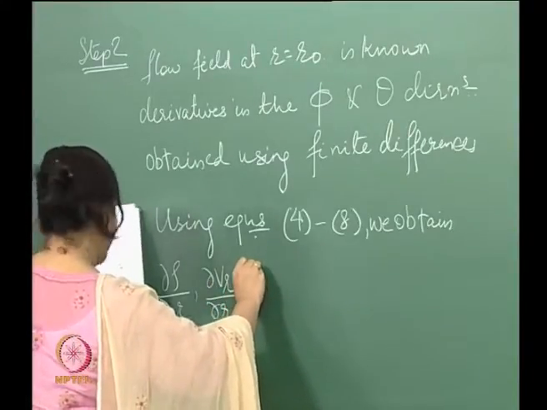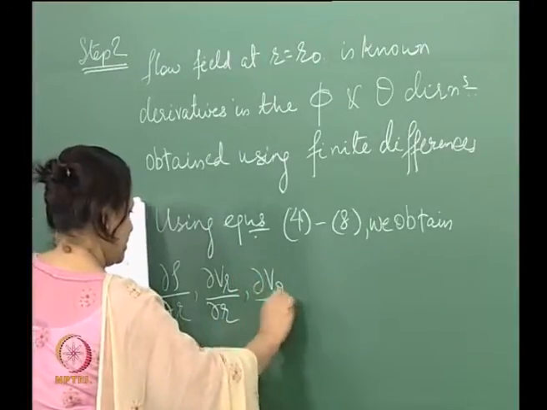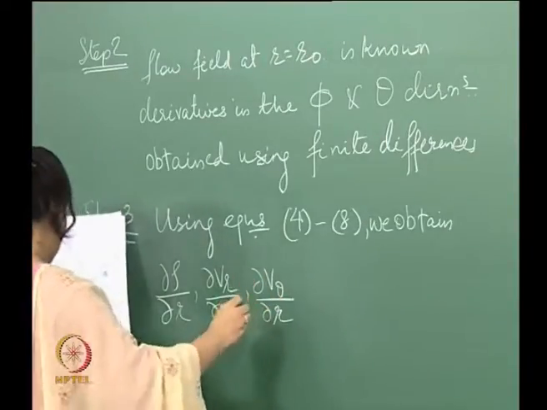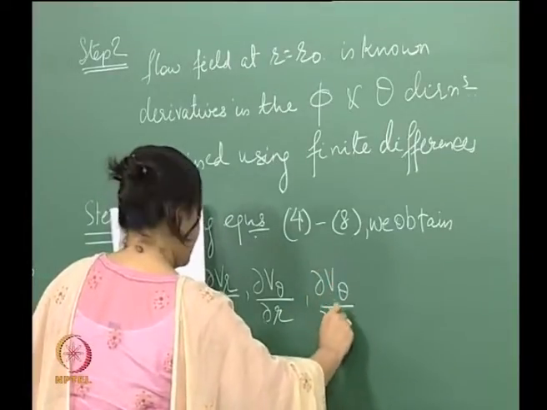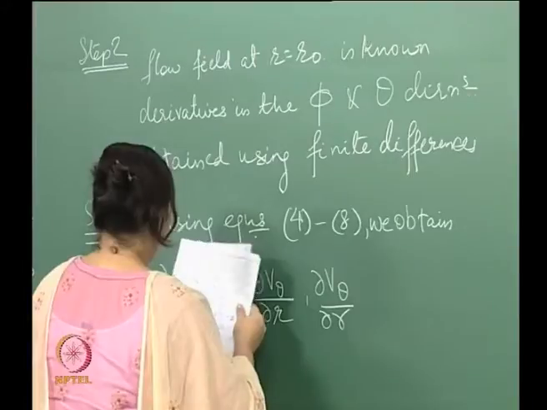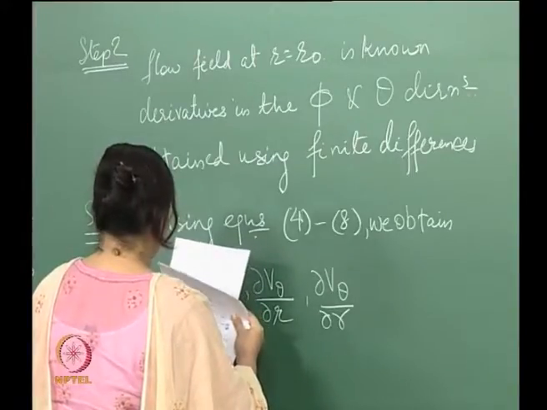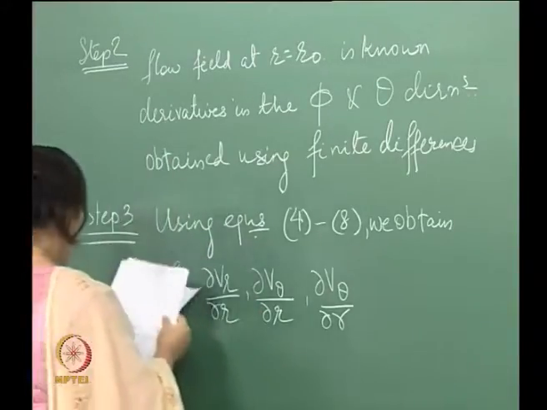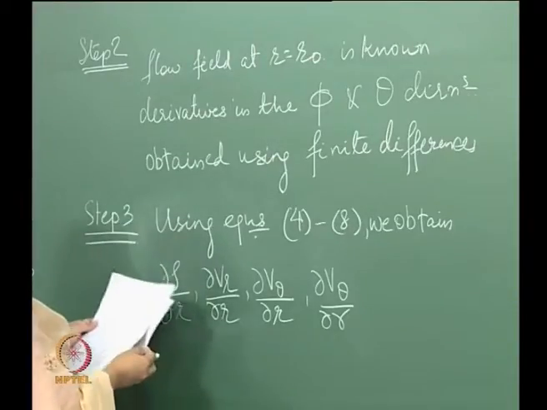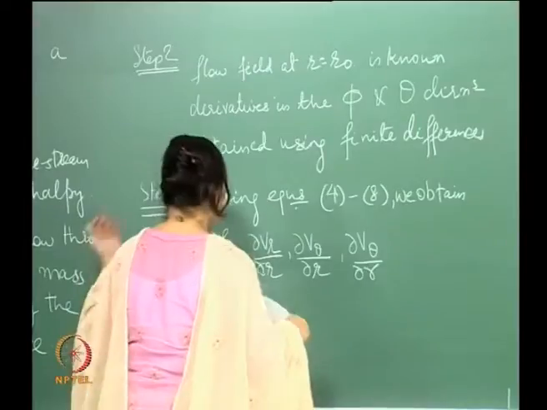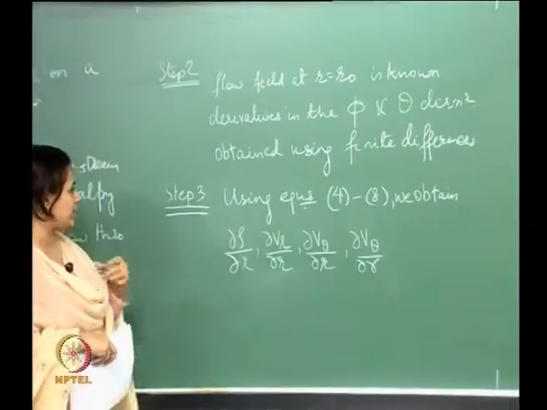Then momentum in the theta direction, and what else, and we get h. So these are the derivatives that we are able to get.